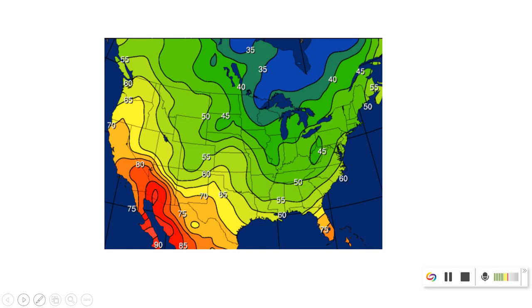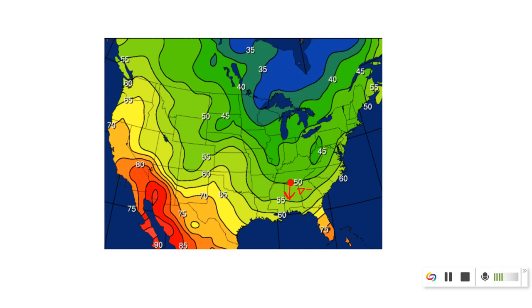So for example, if I look right here, at that particular location, looks like southern Tennessee. If I want to draw my gradient vector, it's going to be normal to my level curve, and it's going to point towards the higher values of z, or in this case, temperature.